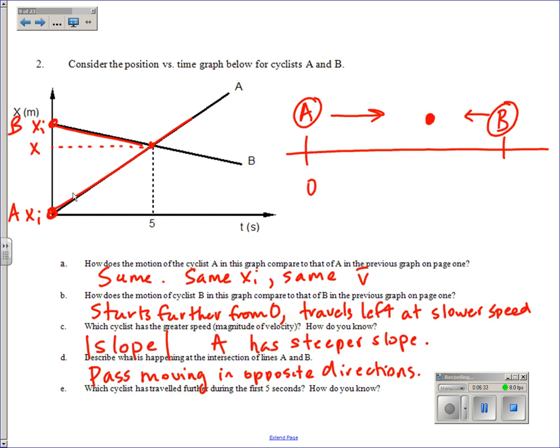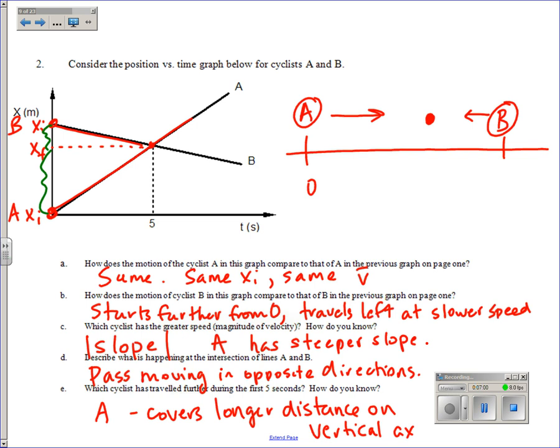They end up in the same place, but when we look at this vertical axis, we can pretty clearly see that A travels a lot farther than B. So A covers a longer distance on the vertical axis.